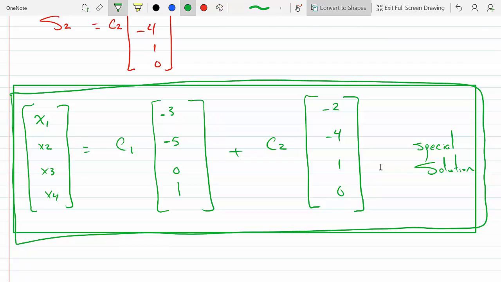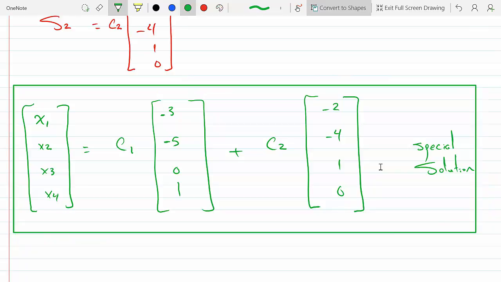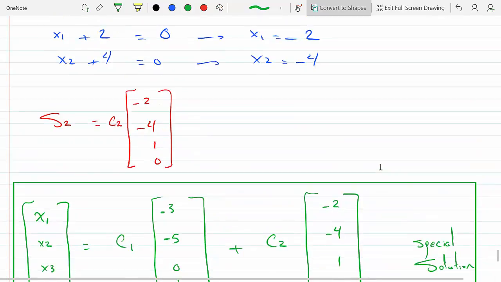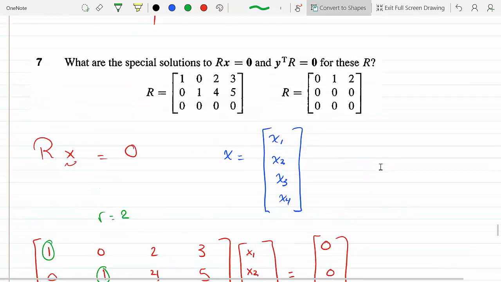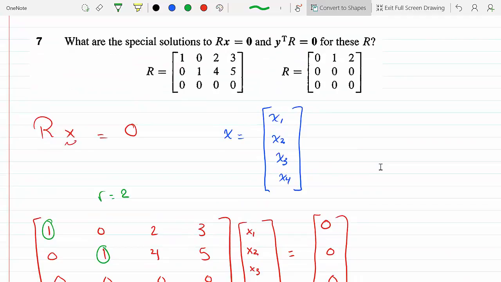So this is how you find the special solutions for Rx equals 0.